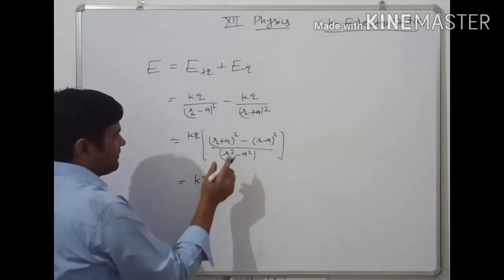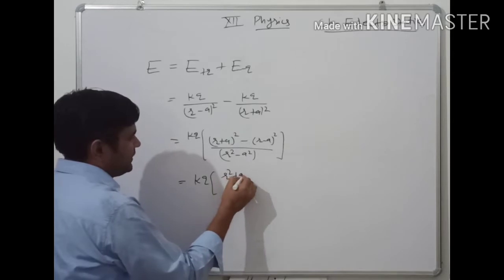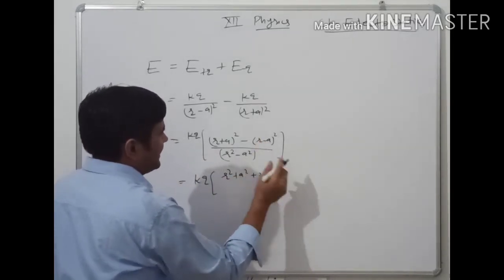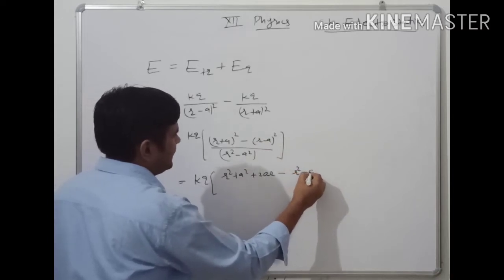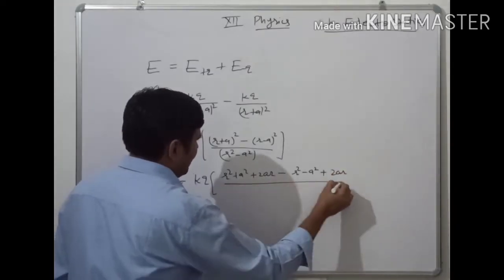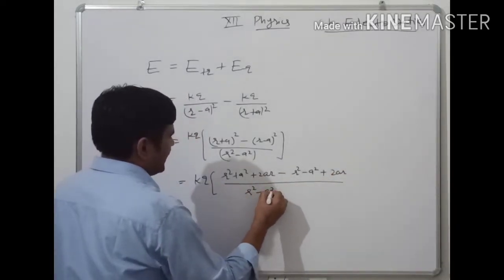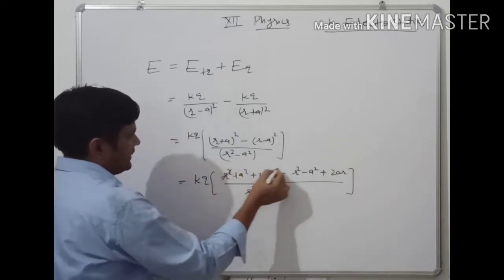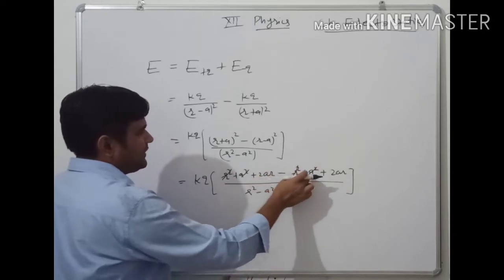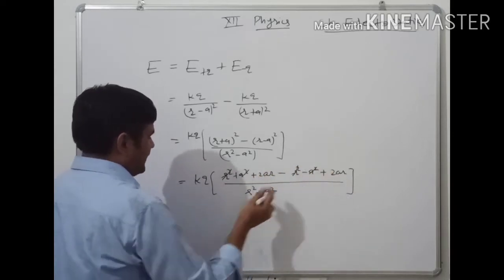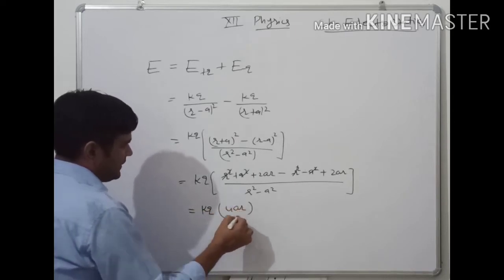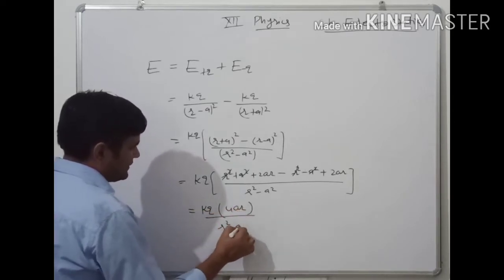Now (r plus a) square is written as r square plus a square plus 2ar, minus (r minus a) whole square, which is r square plus a square minus 2ar, divided by r square minus a square. Now this r square cancels with this r square, a square cancels with a square, and 2ar plus 2ar becomes 4ar divided by r square minus a square.